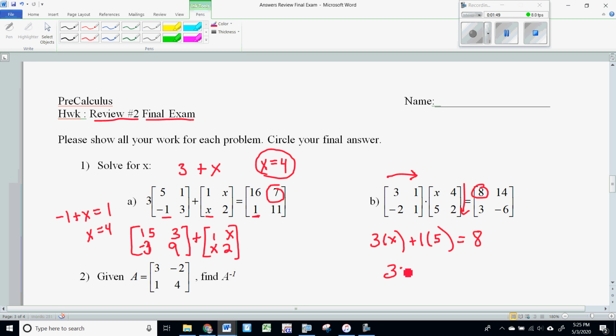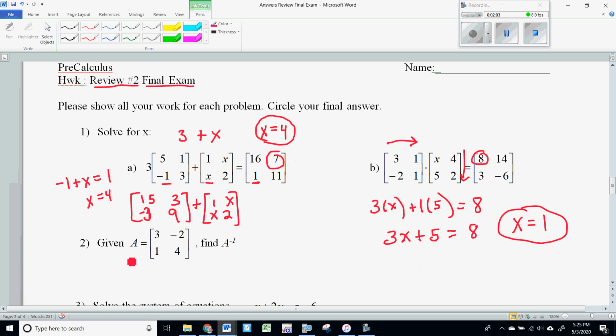So this is 3x plus 5 equals 8, and you can see that would be x equals 1.